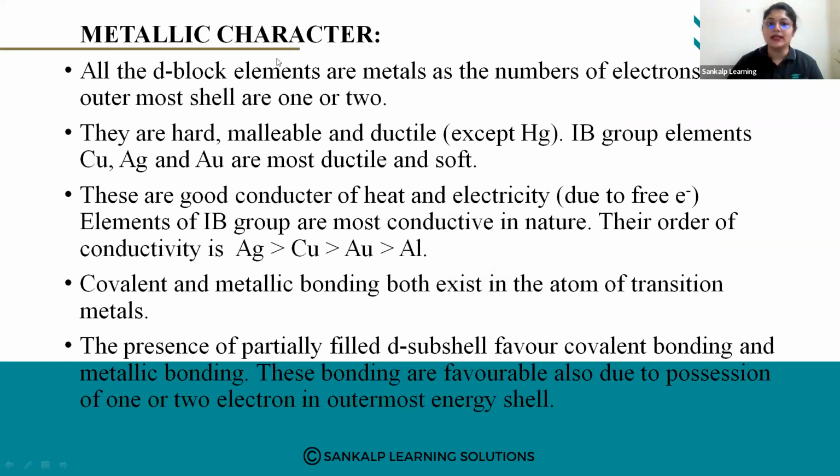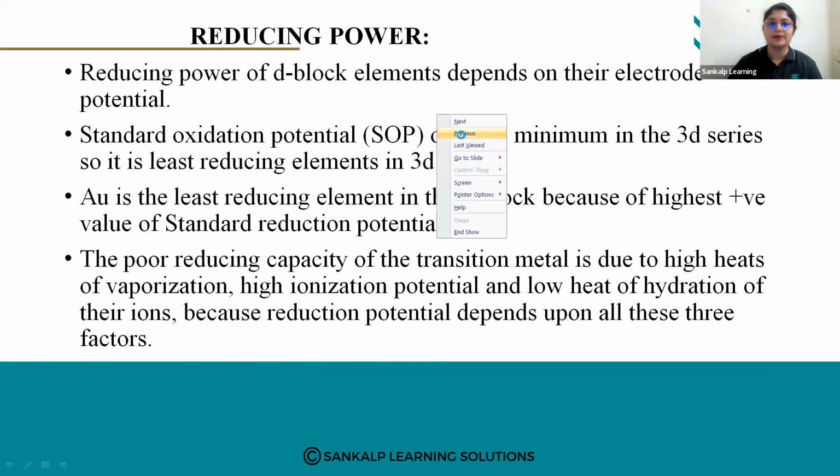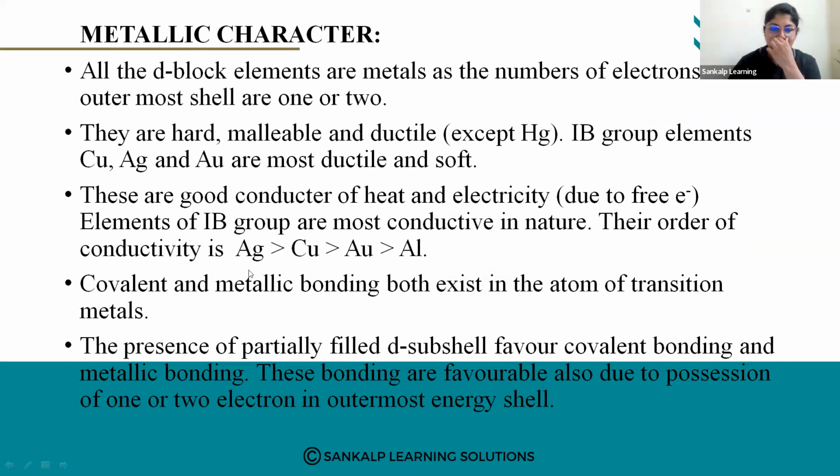So next is metallic character. All the d block elements are metals as the number of electrons in the outermost shell is 1 or 2. So all the d block elements consist of metals. You know the characteristics of metals, so we'll not go into detail again.